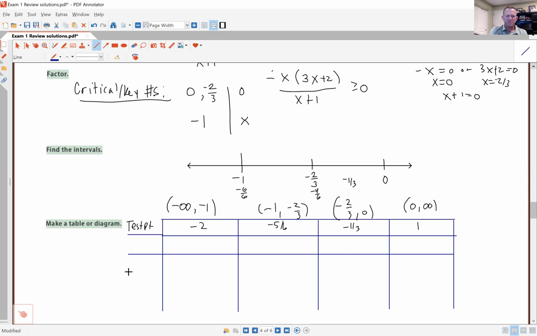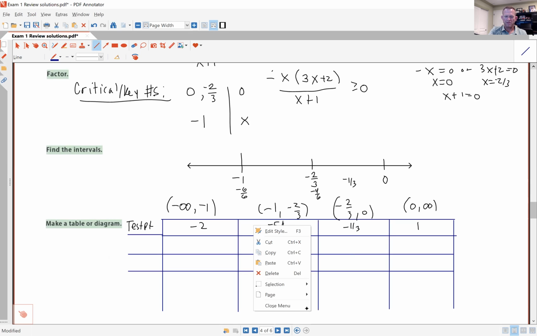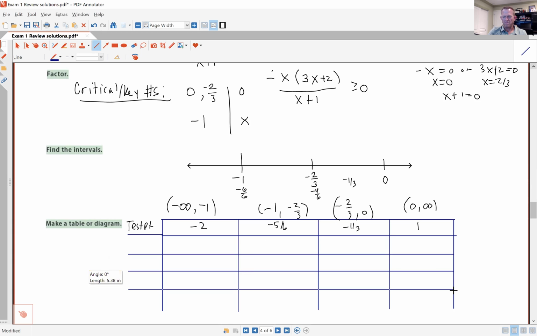So now we take those test points and plug them into each one of our factors and determine if it's positive or negative. And then by the product and division of all of them, we will determine the final sign of our expression in these intervals.